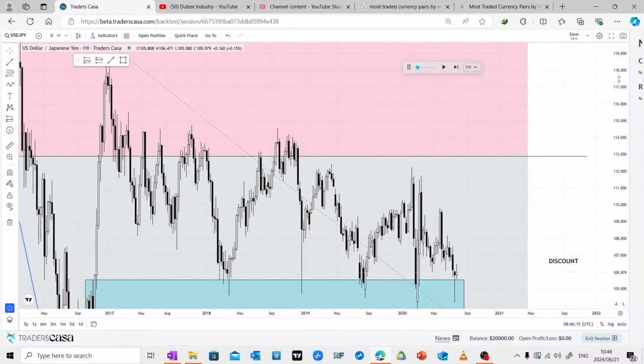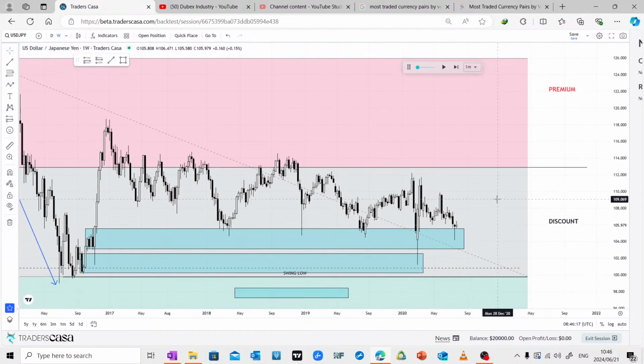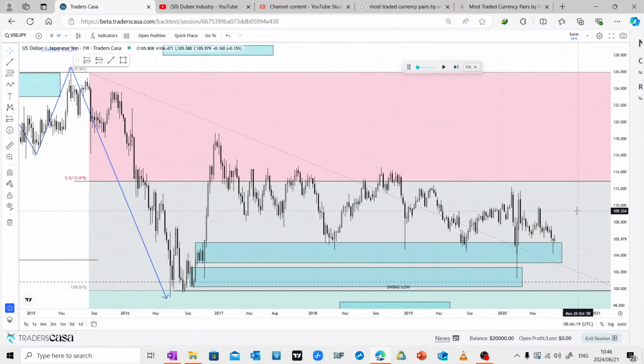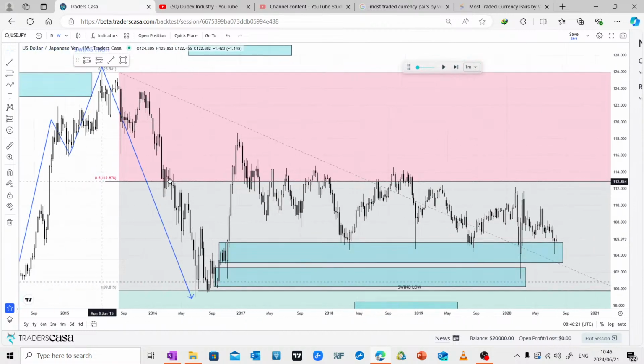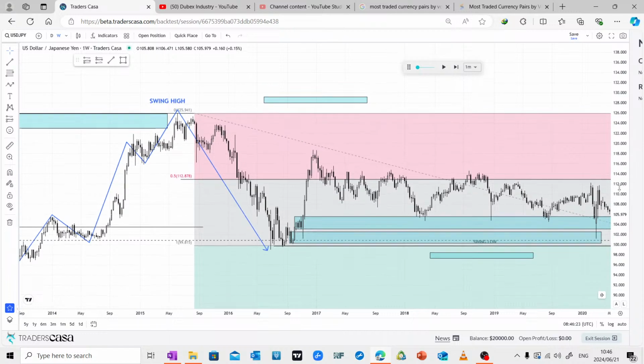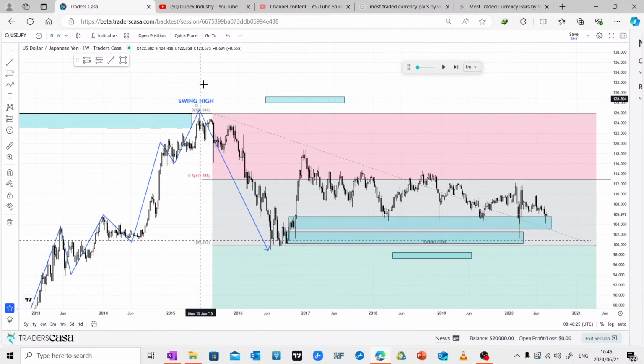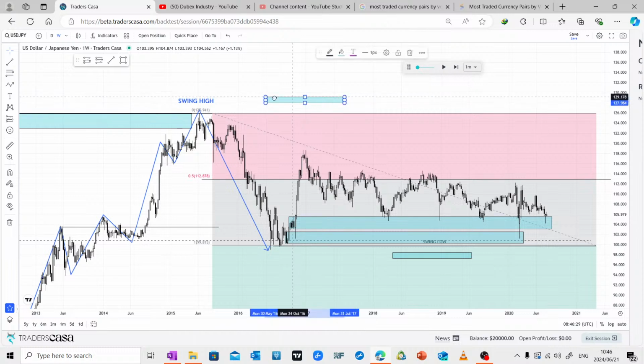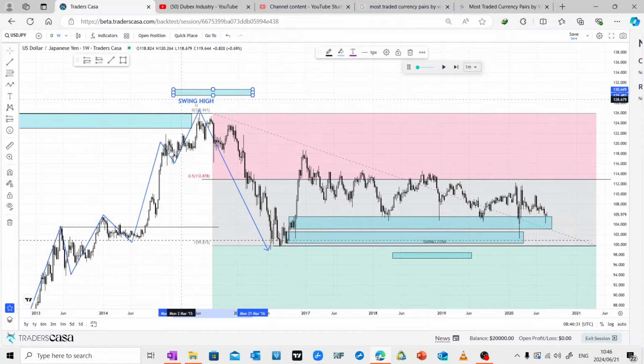Let me show you why I think going long is an advantage in this market right now. You see here we made this swing high, so we've got buy side resting here, and here, with sell side and then sell side.